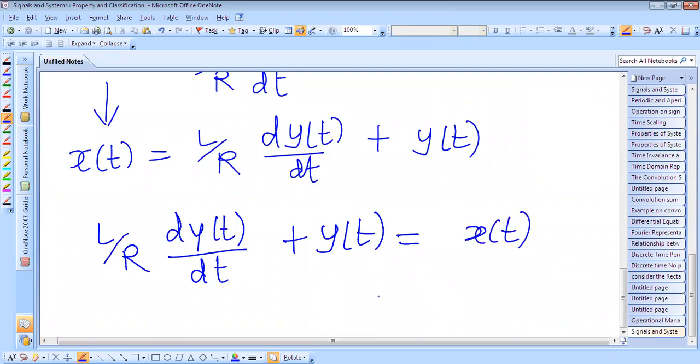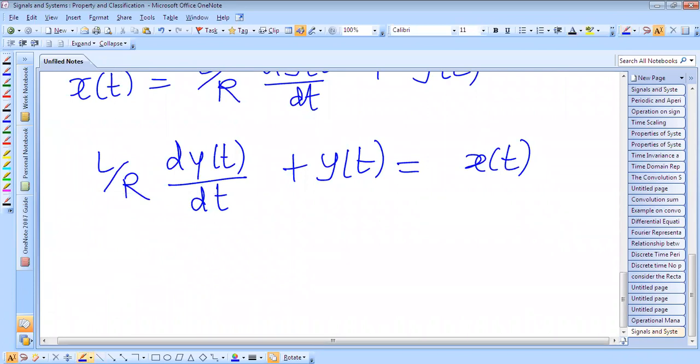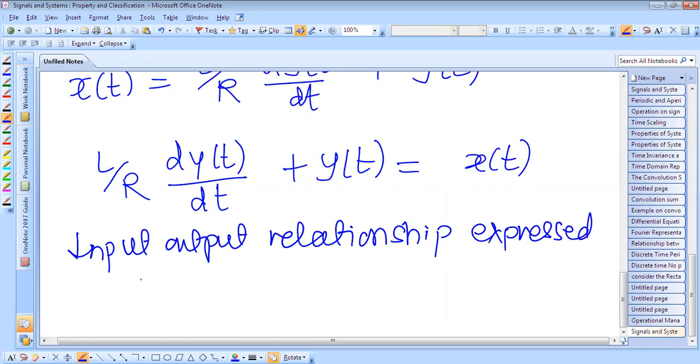So this is the input output relationship expressed as a differential equation.